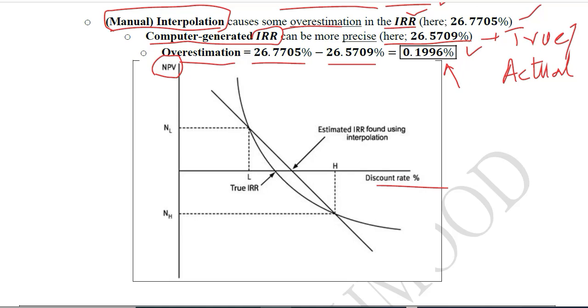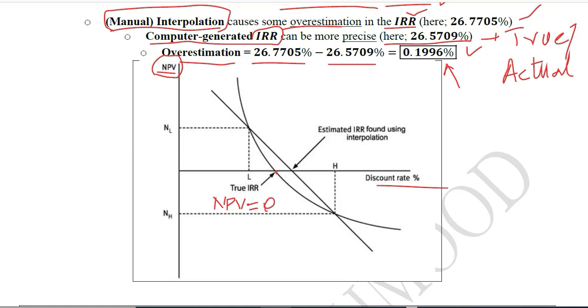It is showing the true IRR at this point, because here the level of NPV is 0, since we are on the x-axis, where the value of the y-axis is 0. And when NPV is equal to 0, we know that we have an IRR. So here the NPV is equal to 0.